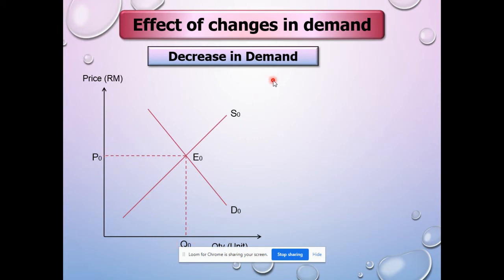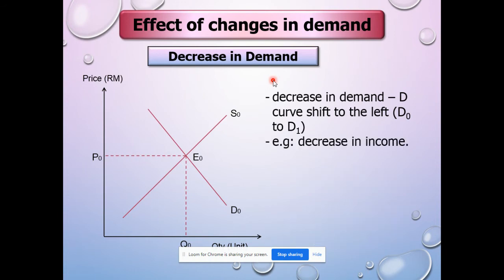When demand decreases, demand will shift to the left. So can you give an example? What are the factors that will decrease demand? Decrease in consumer income. Okay, when consumer income decreases, the demand will shift to the left from D0 to D1 and at a new equilibrium.